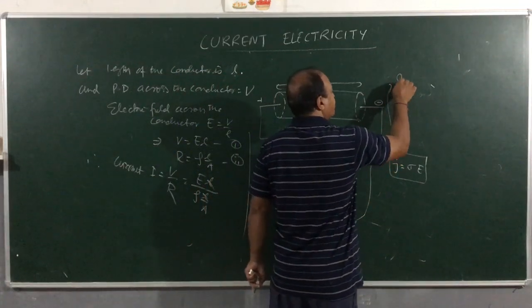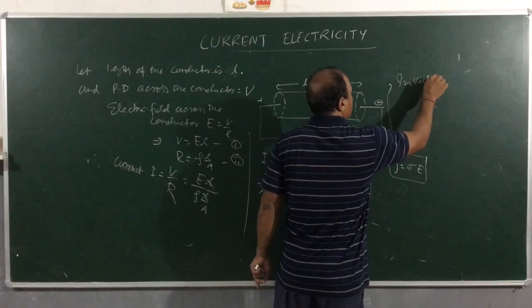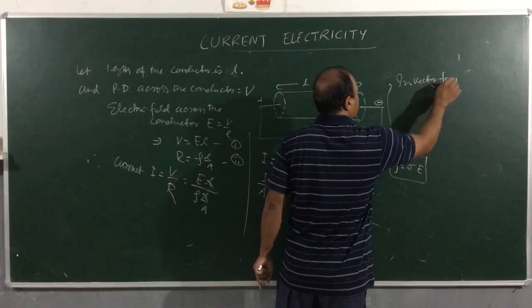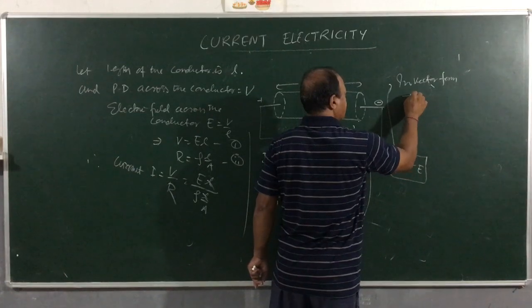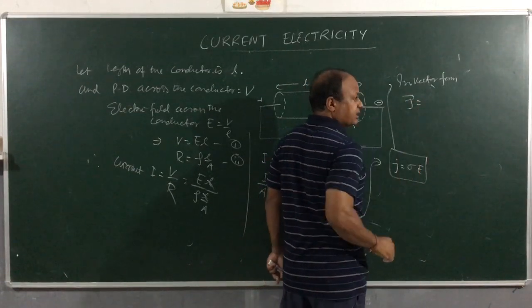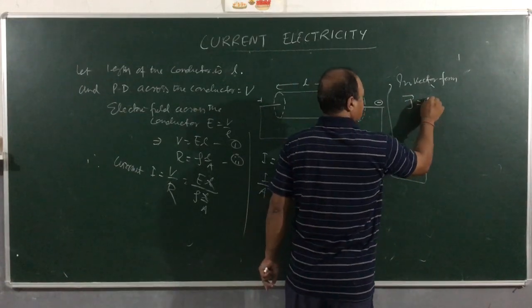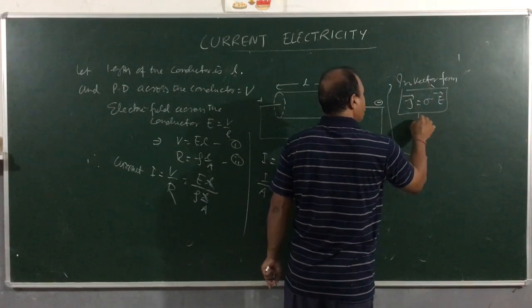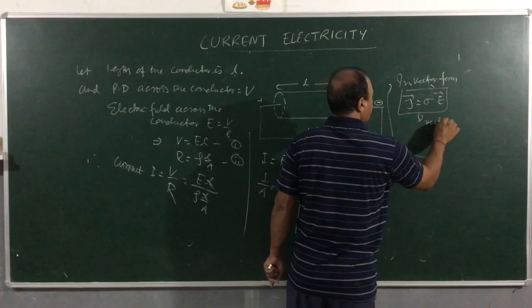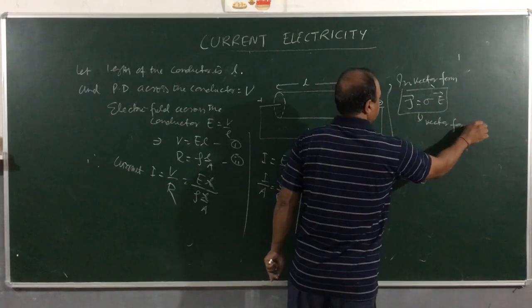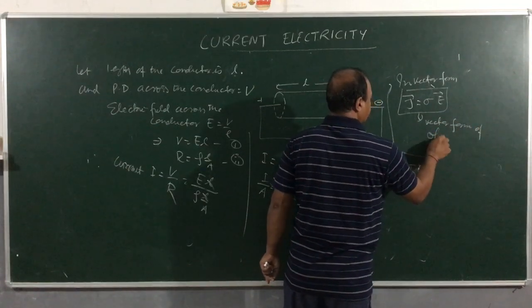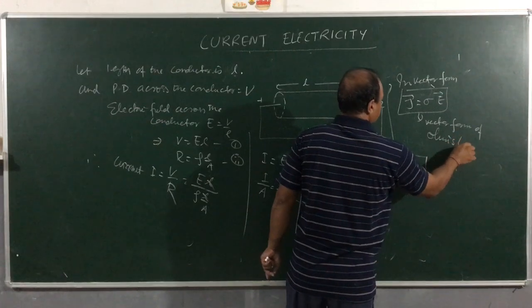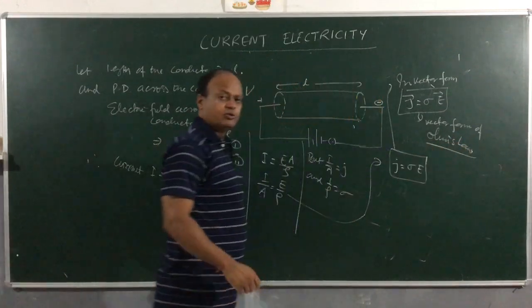If I write in vector form, I can write J vector is equal to sigma into E vector, and this is called the vector form of Ohm's law.